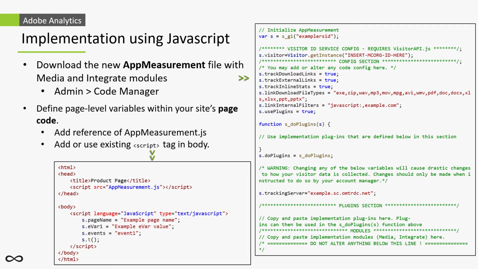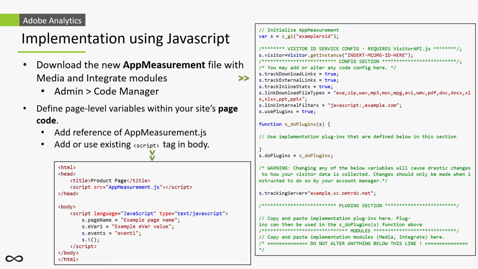Let's do some JavaScripting. Since we went through some of the events and the predefined and custom events in previous slides, I'll assume that you know about eVars or variables within Adobe Analytics. Apart from that, custom variables as well as predefined variables or properties, I will call them that in language terms.